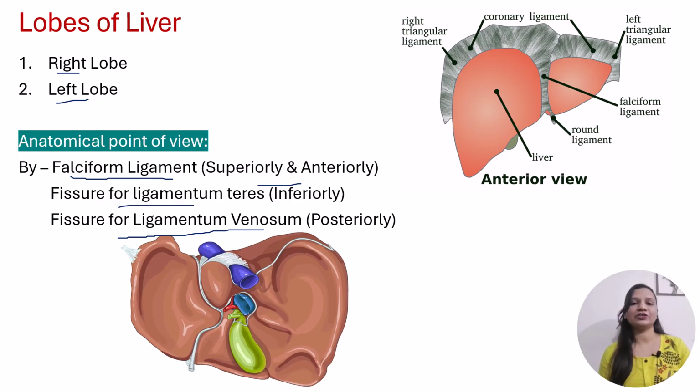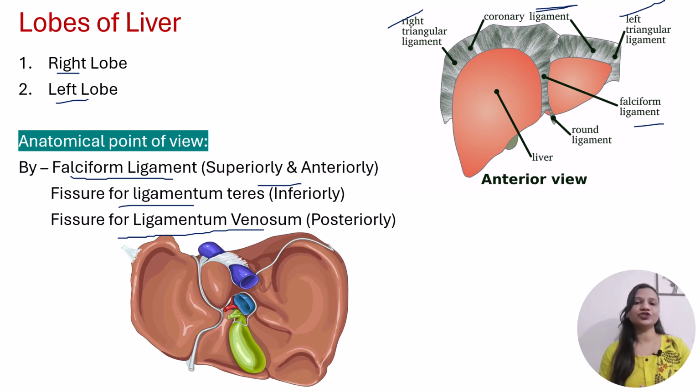True ligaments are actually the peritoneal folds which are attached to the liver, and the true ligaments consist of the right triangular ligament, which you are appreciating here in this picture, the left triangular ligament, the coronary ligament, and also the falciform ligament.